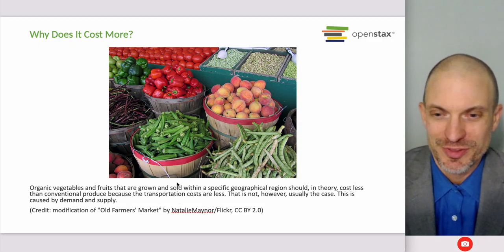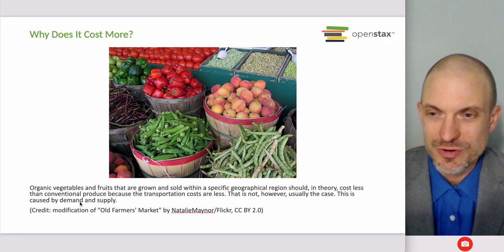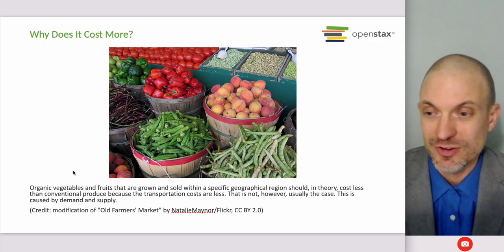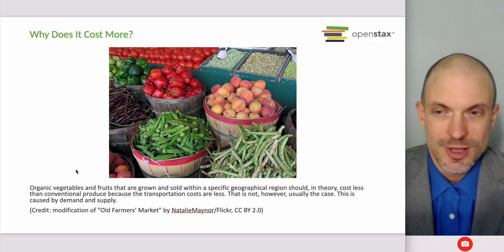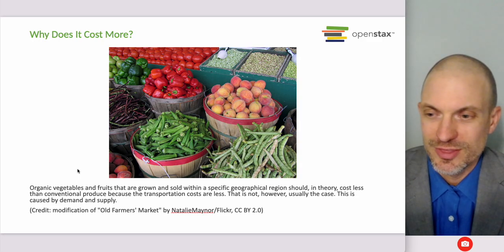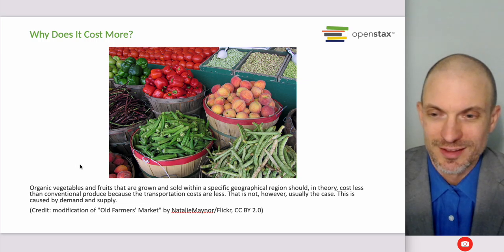Probably there's a couple different things going on here. I think what this is hinting at, of course, is that there's an increase in demand. There's greater demand, higher willingness to pay for organic vegetables and fruits because consumers perceive that this is something that's probably going to have a higher cost structure and it's going to necessitate higher price, and or people might just have that perception going in.